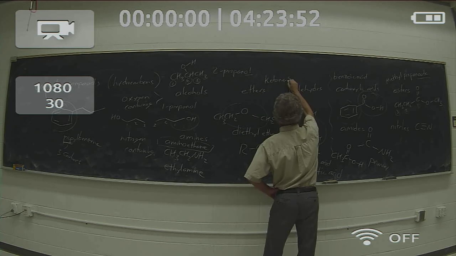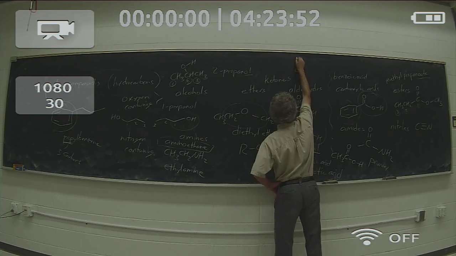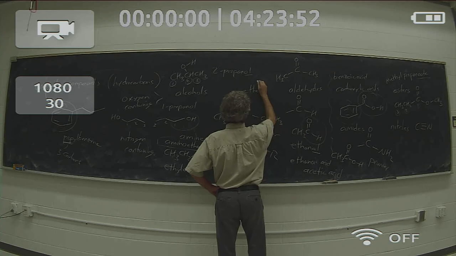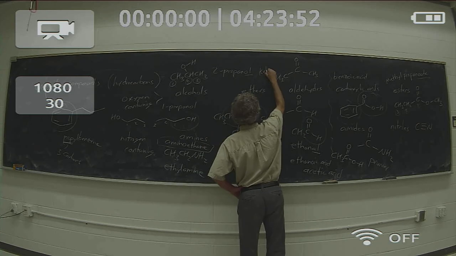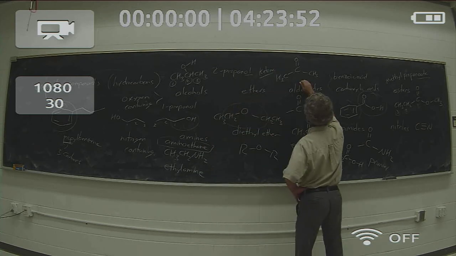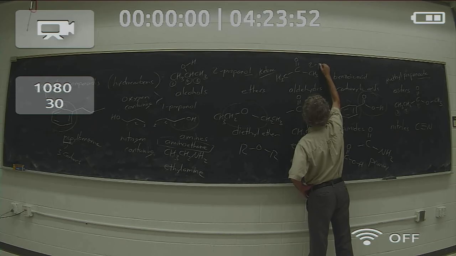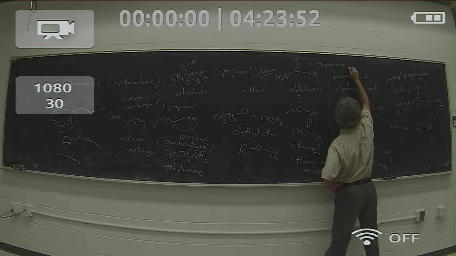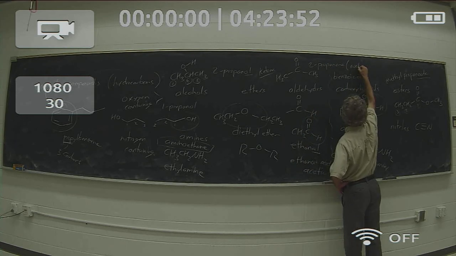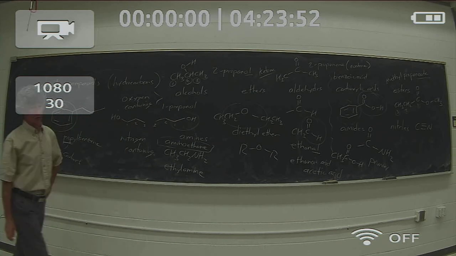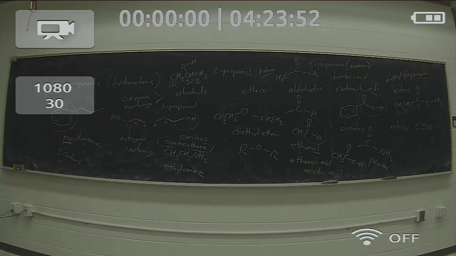in which the carbon-oxygen double bond has R groups on either side. It's a ketone, in this case 2-propanone. And you probably know that better as acetone, which is a major component of nail polish remover and other solvents.